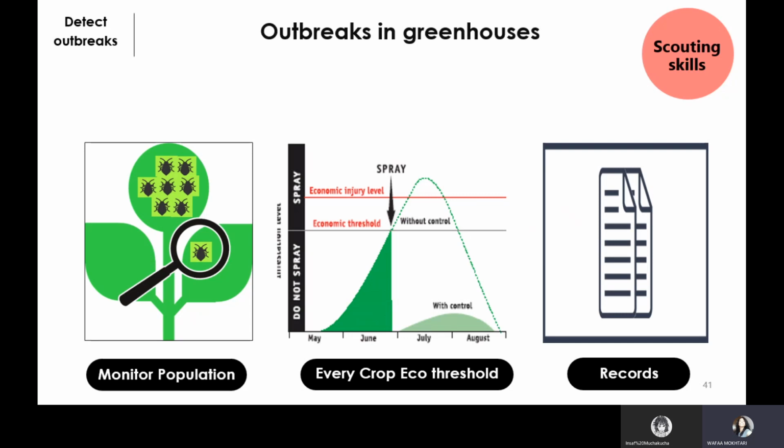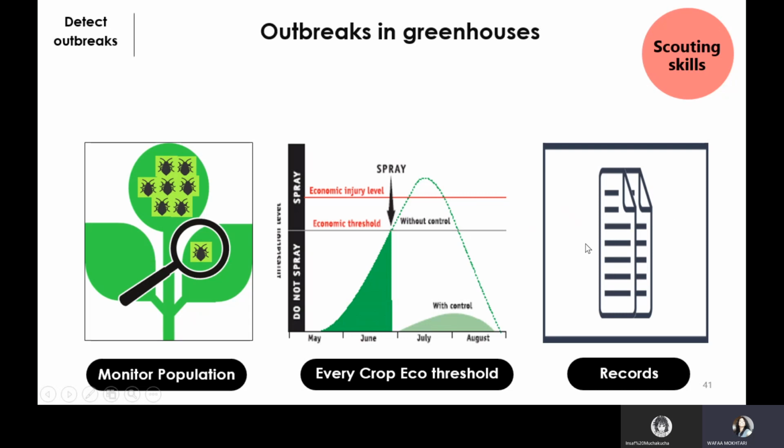If you can just make some recordings in your notebook, this is really important information. This will help you to be a more entrepreneurial, more proactive person, and this will help you make the scouting skills more important for detecting outbreaks and preventing your crop from damage.